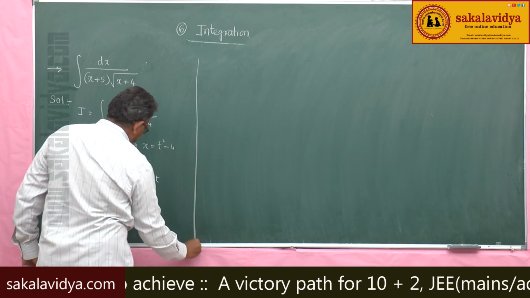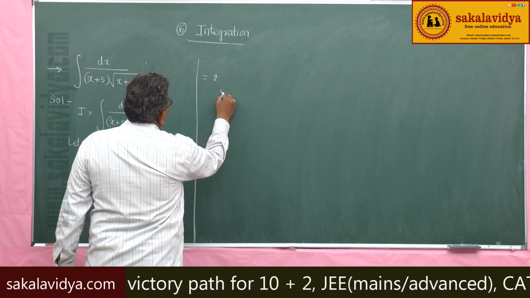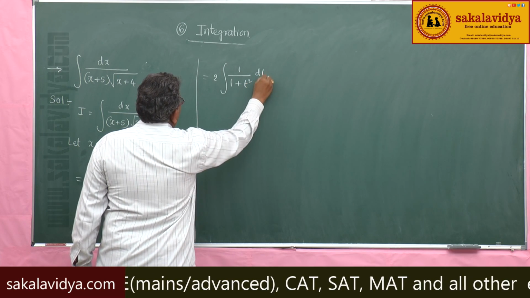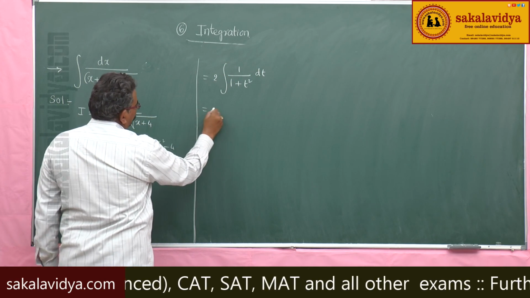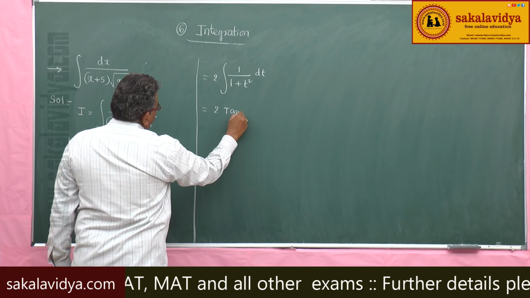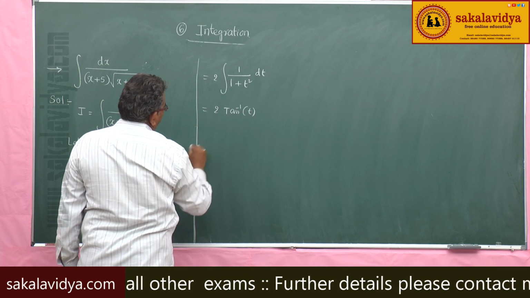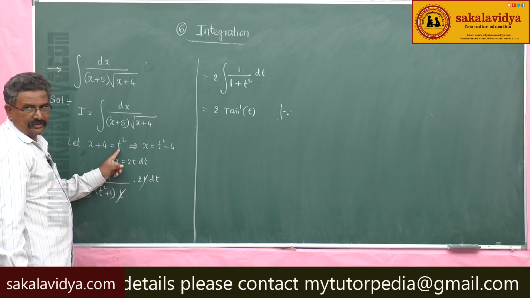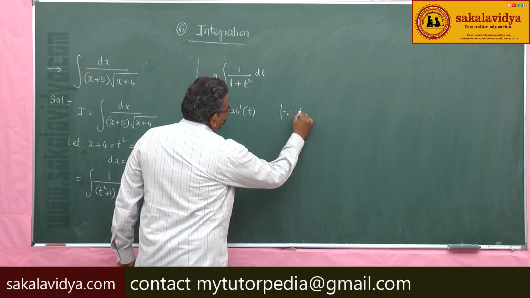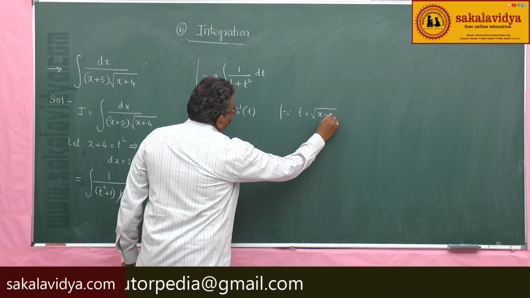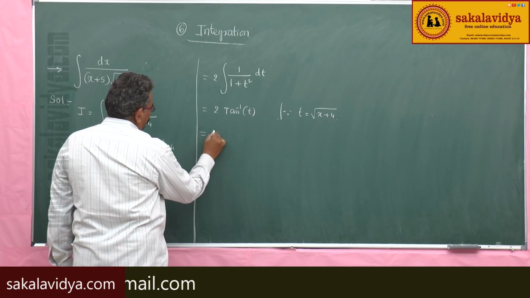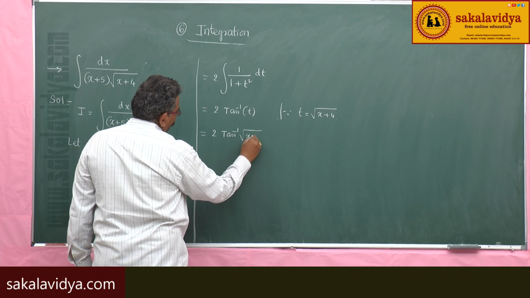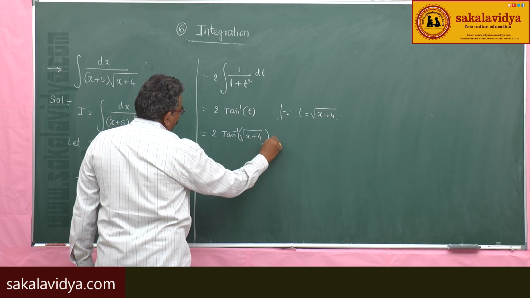Now, 2 common, integral of 1 by 1 plus t square dt. This is a standard formula, 2 tan inverse t. So, now since x plus 4 is equal to t square, what is t? Root of x plus 4. So, this equals 2 tan inverse root x plus 4 plus constant of integration.